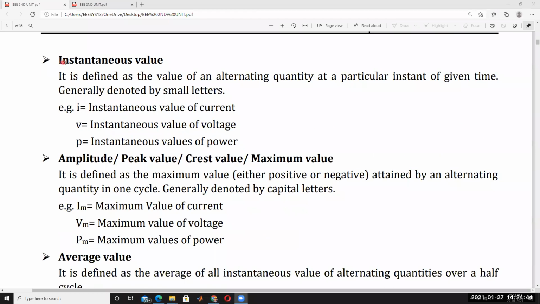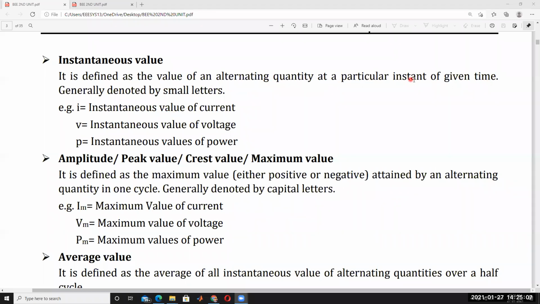Next, instantaneous value. What is meant by instantaneous value? It is defined as the value of an alternating quantity at a particular instant of given time, generally denoted by small letters.